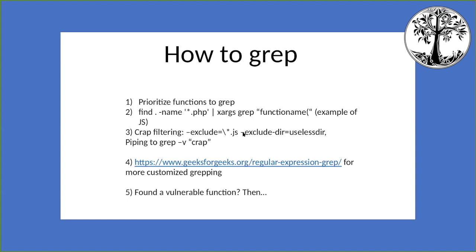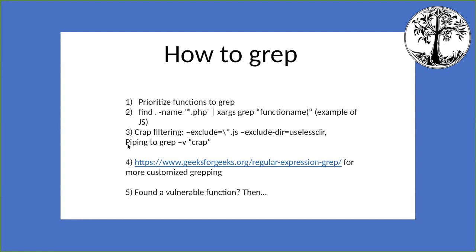Also, you may find in some software that it is using something by default or some library that you don't want to test, but you are getting results of that library and you don't want all that stuff on your screen. So you can also use this flag to exclude that.